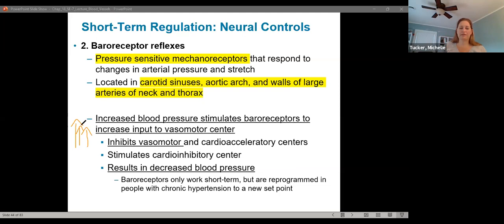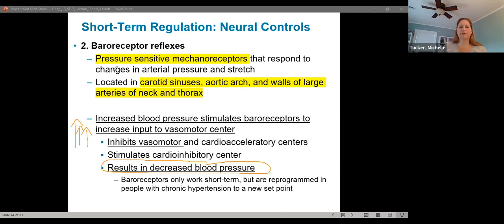When baroreceptors are stimulated, they inhibit the cardioacceleratory center and stimulate the cardioinhibitory center. So the result is a decrease in blood pressure.